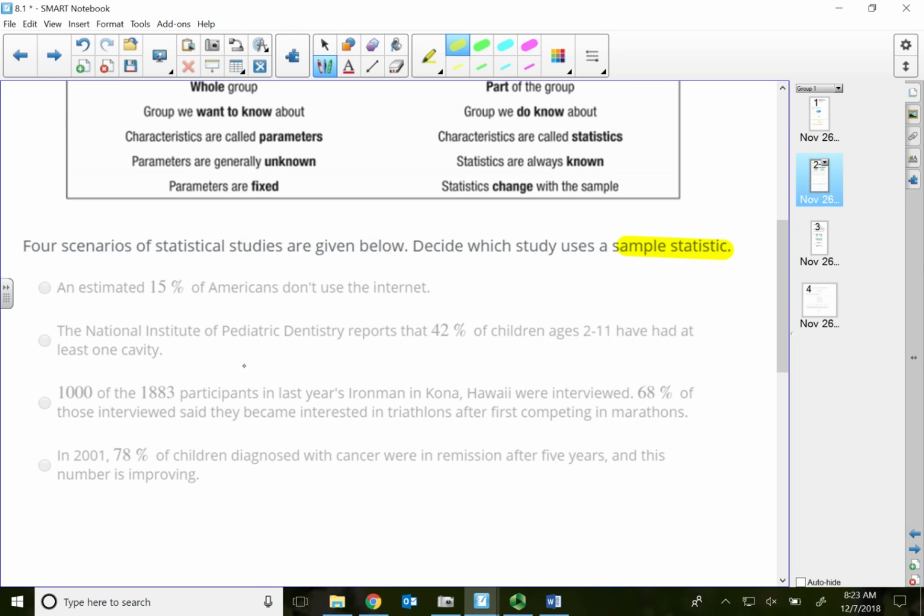The National Institute of Pediatric Dentistry reports that 42% of children aged 2 to 11 have had at least one cavity.